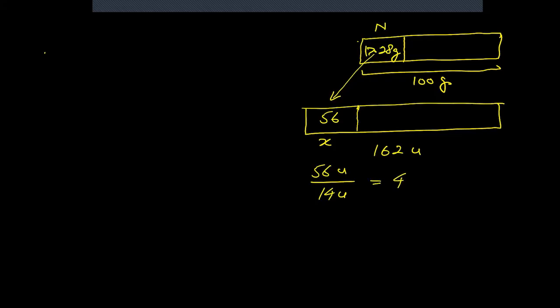So I'll say 100 grams contain 17.28 grams of nitrogen. This is the ratio, whether you call it in grams or you call it in U, the same ratio.